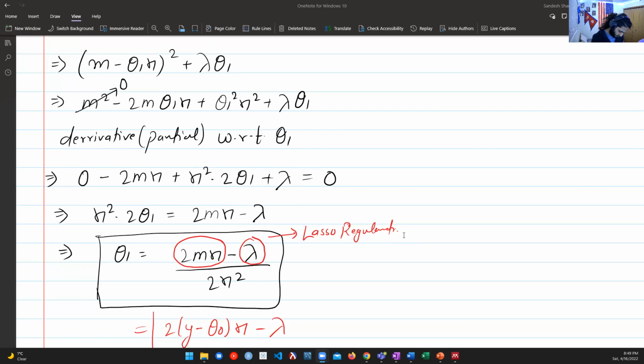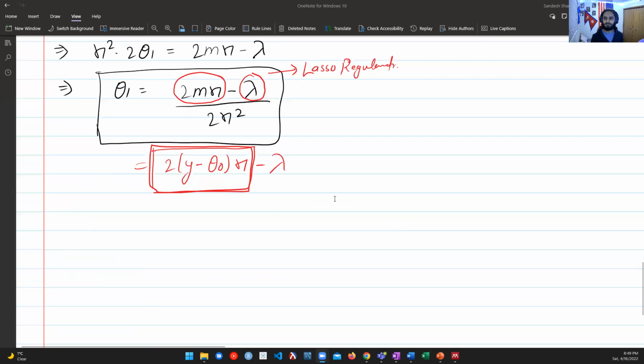This term is finite, meaning it came from a training data set. So for those cases where your lambda equals that 2mx term, that will make theta 1 equal to 0. So this is the answer.